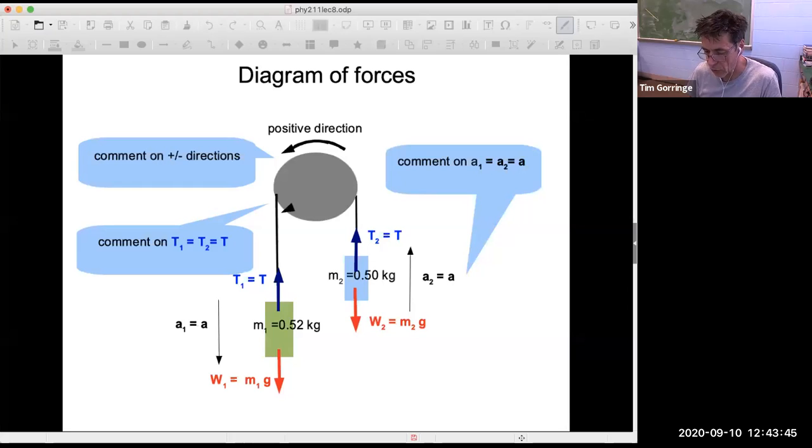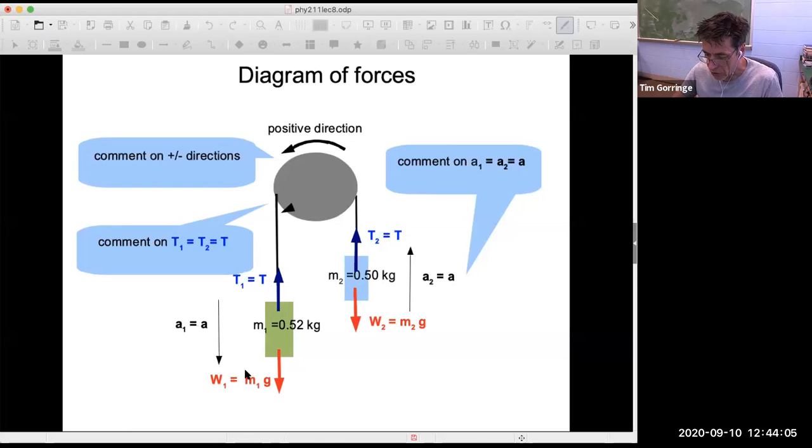There are two tension forces, and they experience the same size tensions. And so I've denoted that fact by just writing T1 and T2 as just T.